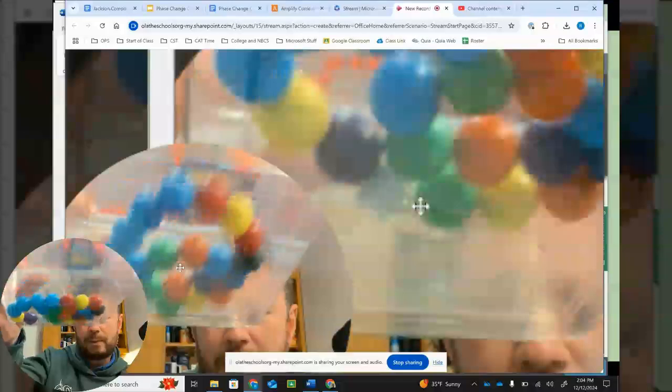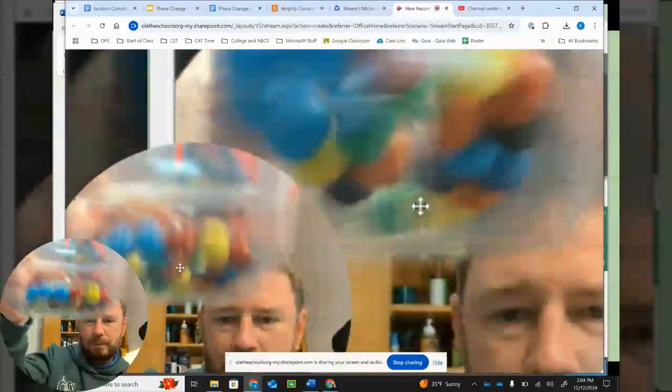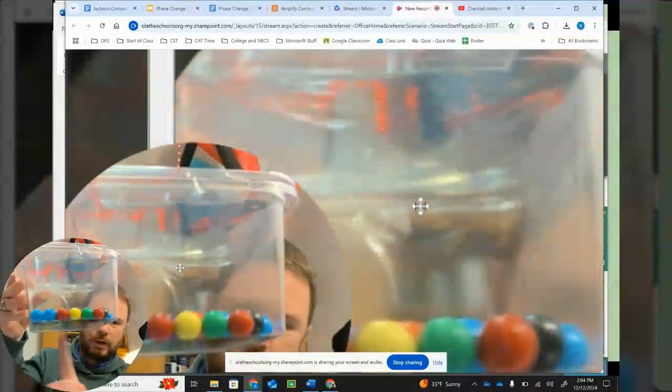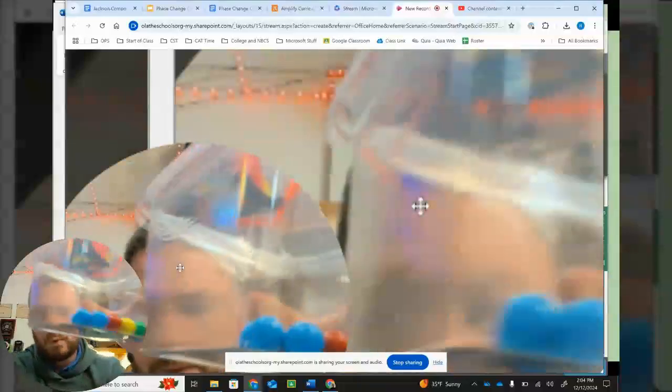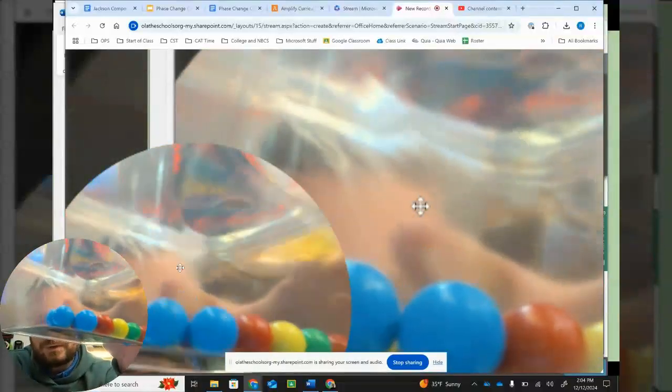If I start adding more energy and moving them around a little more, they can start interchanging their spots. They move more and more and more. If I want to add more energy, they start moving faster and faster and faster until they can start breaking this attraction.